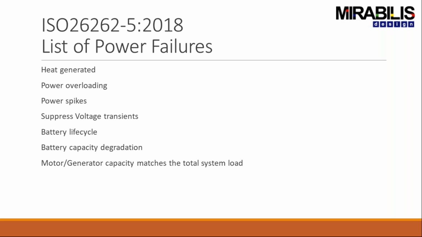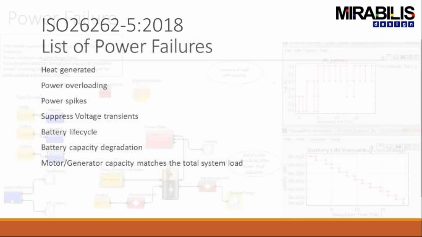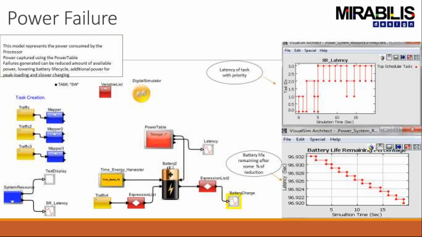And for now, I have shown you the battery life. I will show you the power spikes and the battery life cycle, and the heat generated and power overloading we already have discussed. Now, the power failure. So in this, we have a... okay, let me go back to the model.